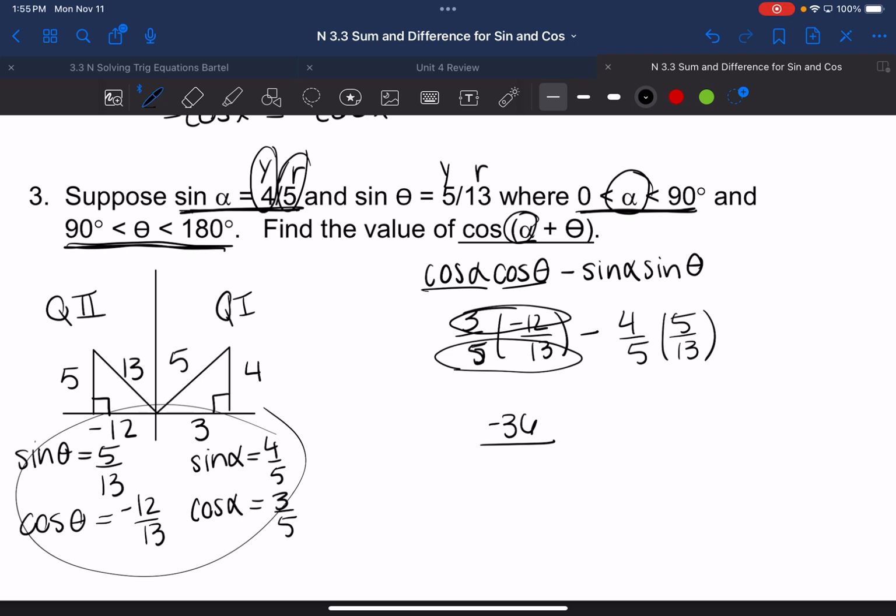I'm sorry about that. 5 times 13 is 65. Okay, minus, I've got to do this fraction. 4 times 5 would be 20 over 65. Okay, so after you multiply, that's when I'm allowed to add and subtract.